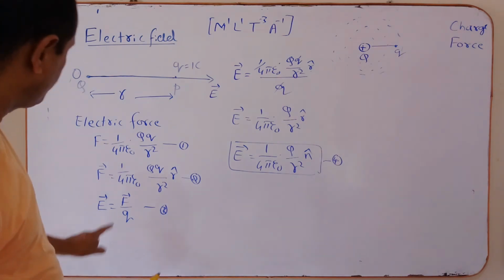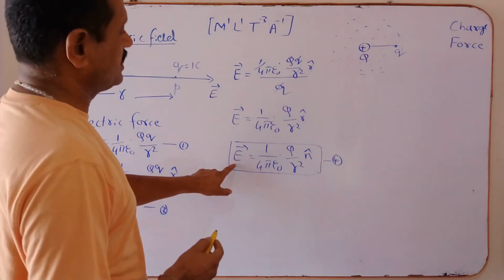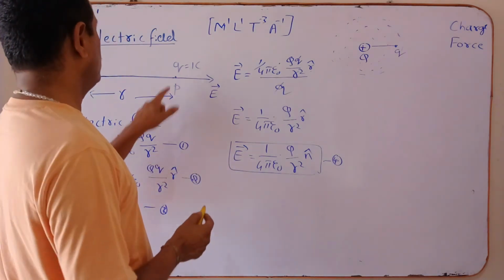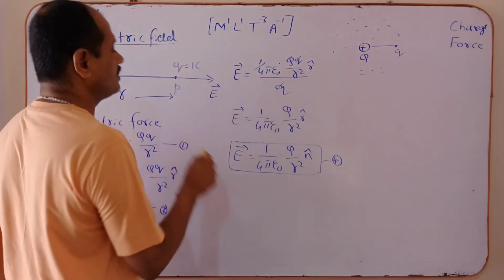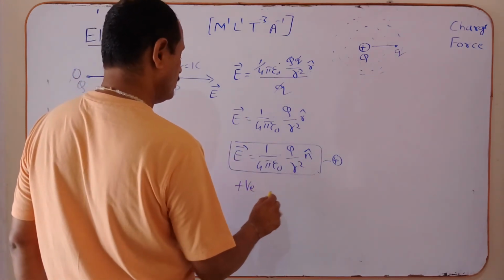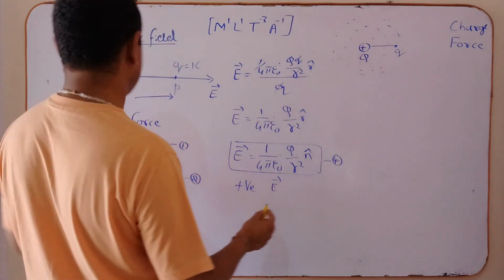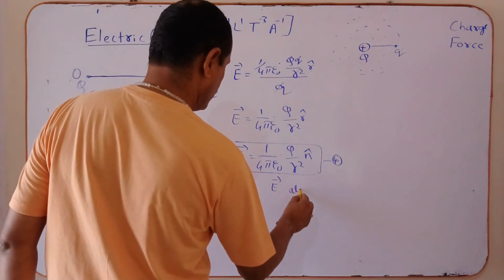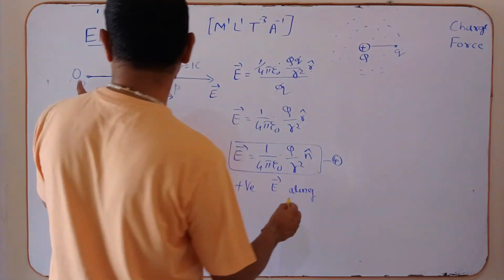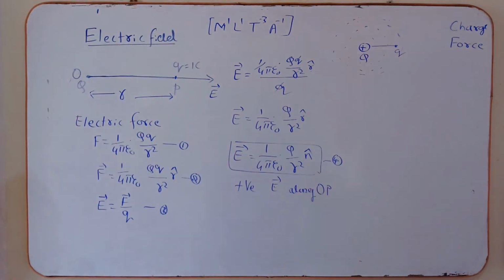Now from this expression, see here, this is the electric field expression. Suppose the charge is positive. What is the direction of the electric field? The direction of the electric field is along OP.